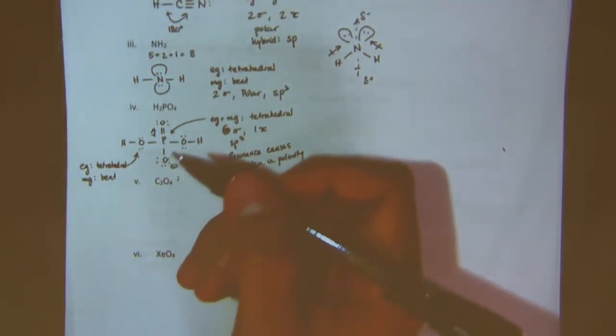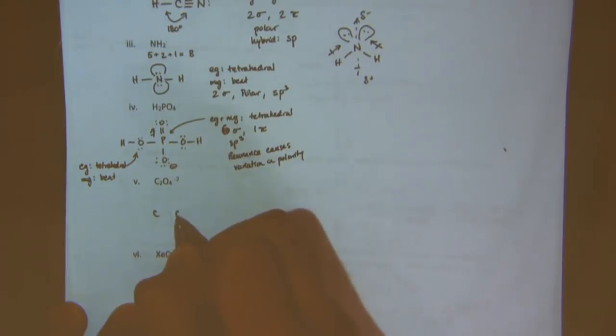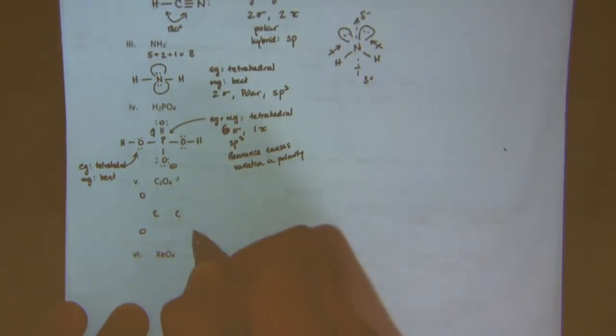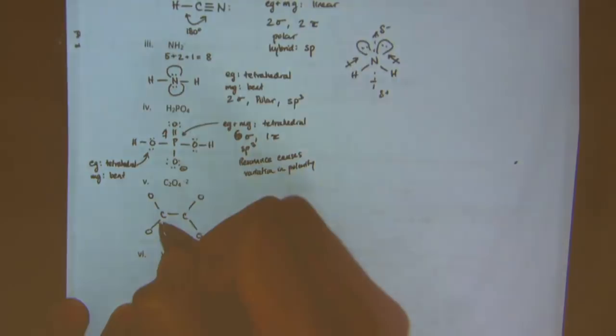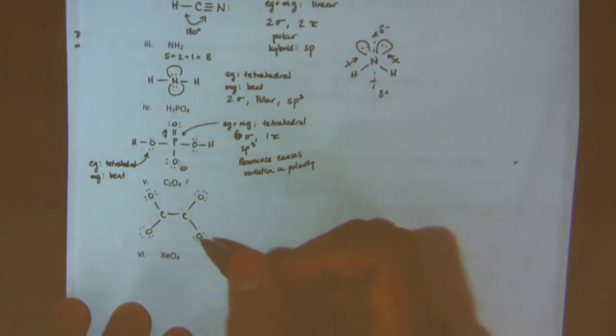Cool. So for this next one, C2O4 2 neg, we would put the least electronegative in the center, flanked by the oxygens. Sorry. And we would attach single bonds, right? So we're going to fill the outer ones first. But we already used up all of our electrons.